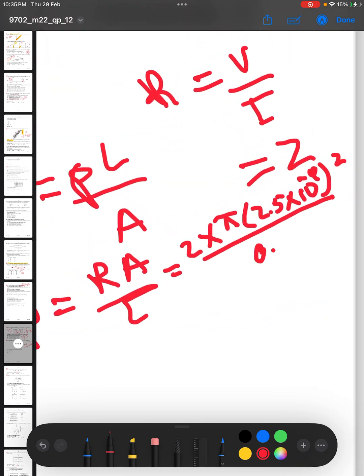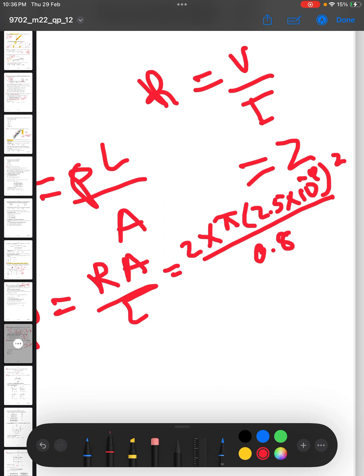The length in this case is 0.8. So therefore we're going to say 2 times pi times (2.5 times 10 to the power of minus 4) squared, divided by 0.8.